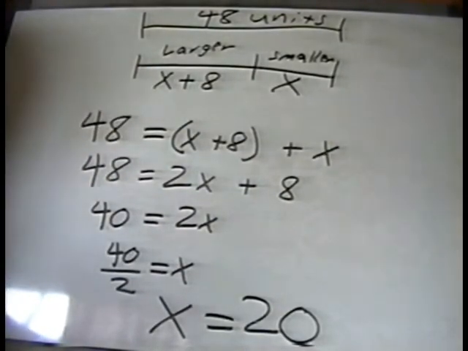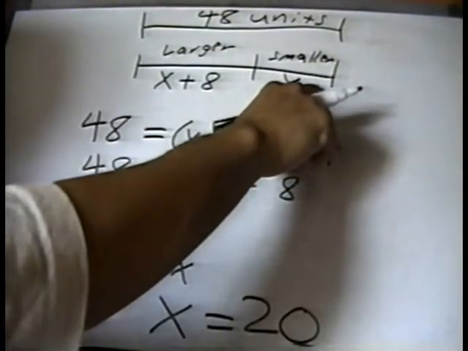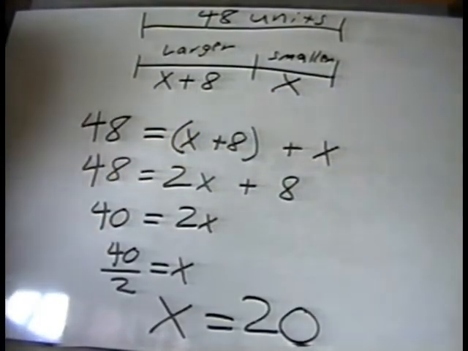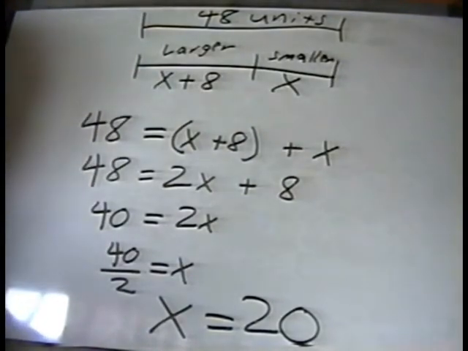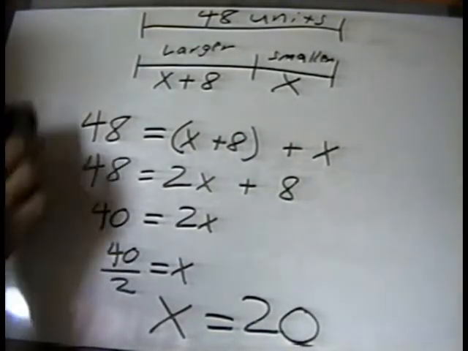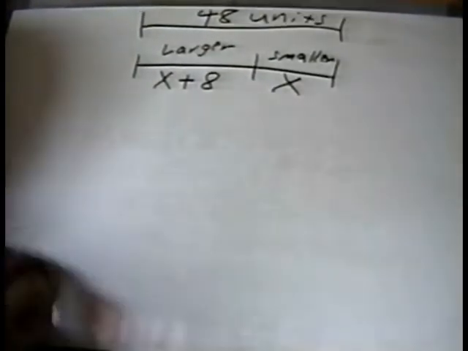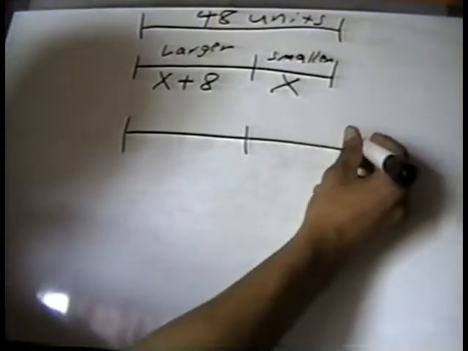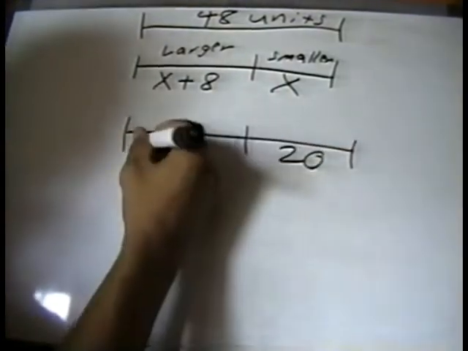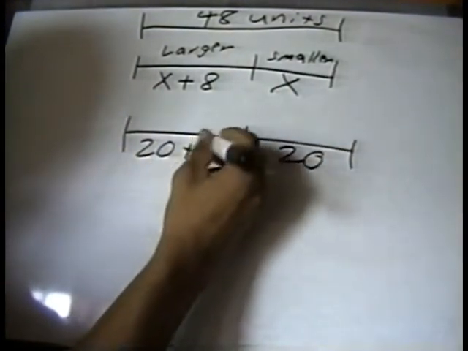So we found, now the question is how long should the shorter part be? It did not ask us how big is the larger part. Of course we know it's 28, but now we know the answer to the question is x equals 20.